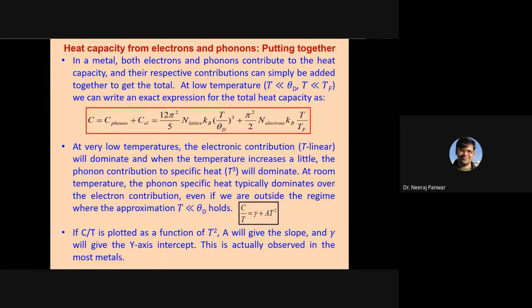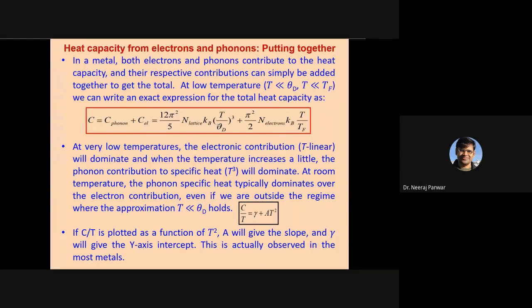Now we can write the total expression for specific heat, that will have one term from the electrons and the other term from the phonons or the ions or the lattice vibrations, whatever you call it. So the total specific heat is the specific heat due to phonons or ions, plus the specific heat contributed by the electrons.